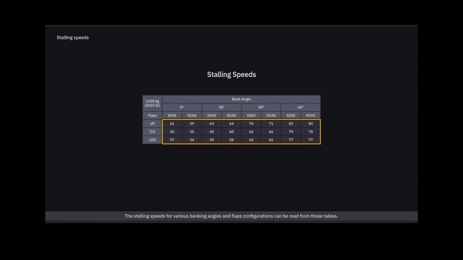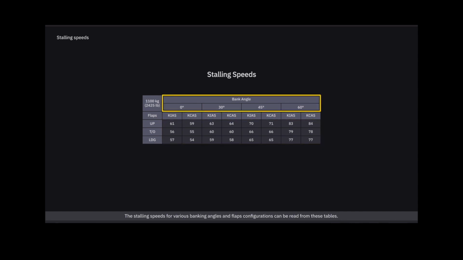The stalling speeds for various banking angles and flaps configurations can be read from these tables. The tables are separated for the different mass values of the airplane. The indicated airspeeds are in knots. Flaps extension and the increase of the bank angle increase the stalling speed.